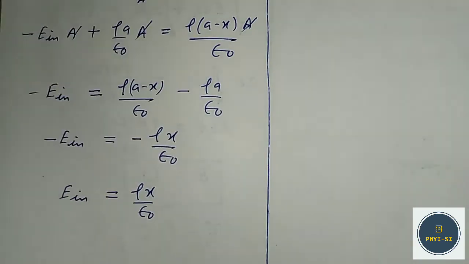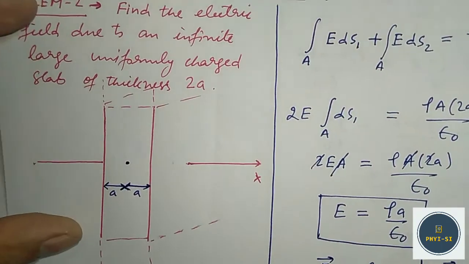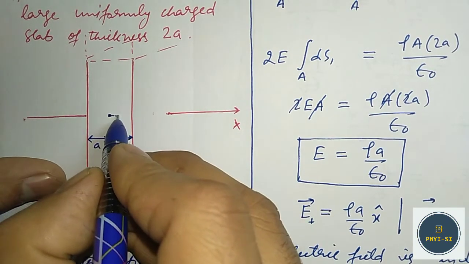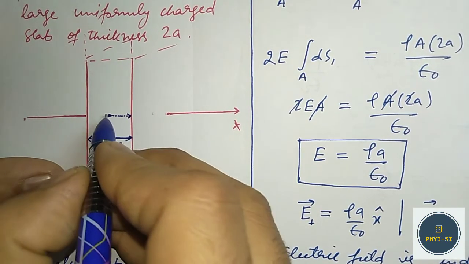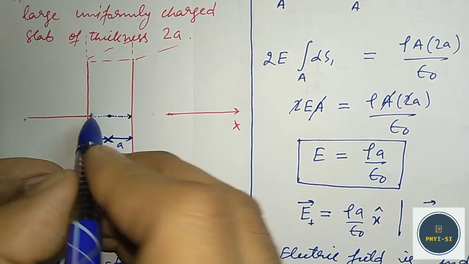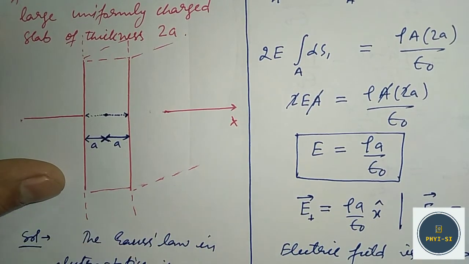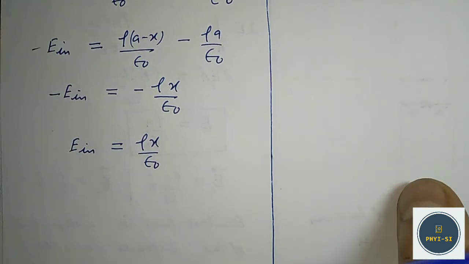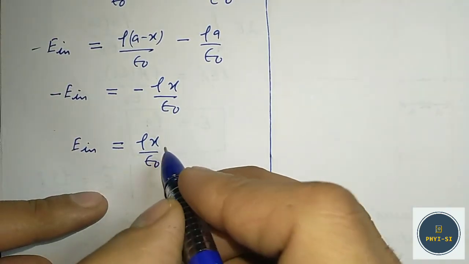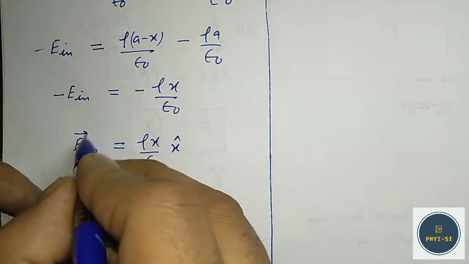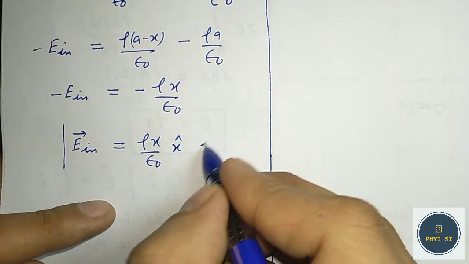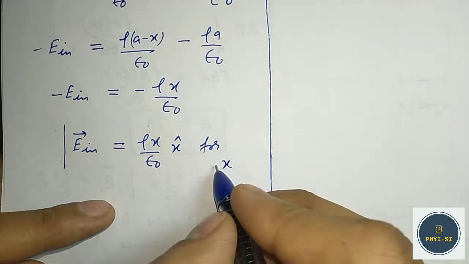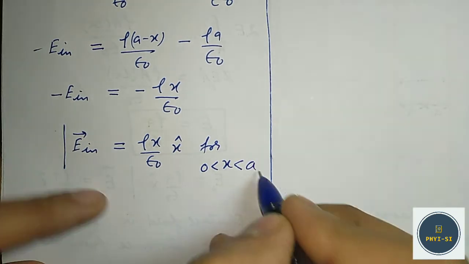But there is one thing that I need to mention. When we go from here to here, the electric field is positive, and when we go from here to here, the electric field is negative. So E inside is equal to rho x over epsilon naught, and then x cap, for x going from 0 to a.